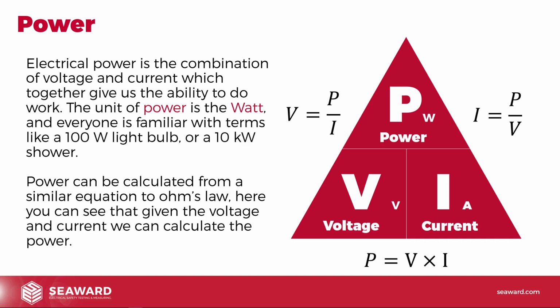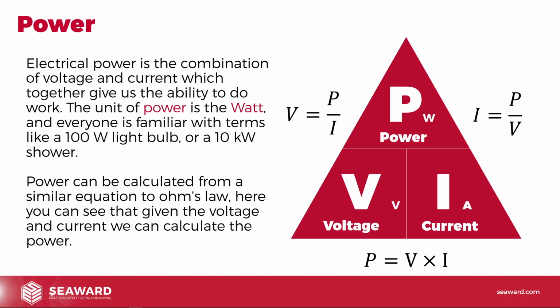When you're looking at this, power is really the ability to do work. If we've got a lot of voltage but no current flowing, we can't get a lot done. We've got loads of energy but no current flow, so there's not a lot going to happen.